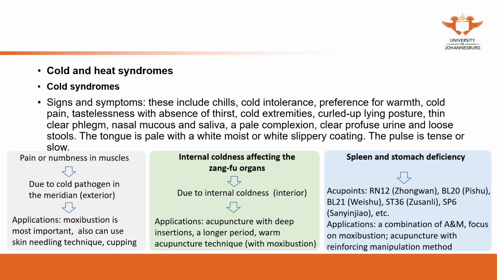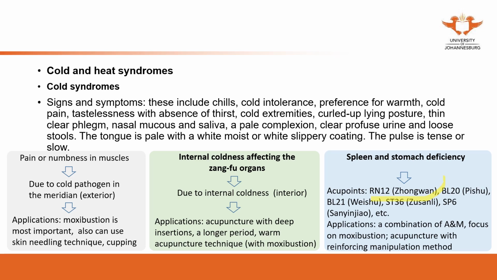The patient also may present with poor appetite, loose stool, diarrhea, or undigested food in the stool. No matter what kind of manifestations, as long as you diagnose that this patient suffers from spleen and stomach deficiency, we can use Ren 12, Bladder 20, Bladder 21, Stomach 36, and Spleen 6. We can use acupuncture and Moxibustion, with more focus on Moxibustion and the reinforcing manipulation technique.